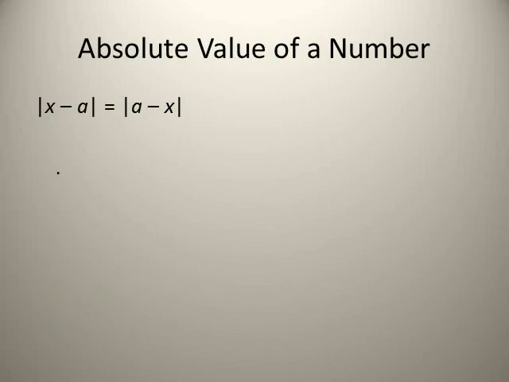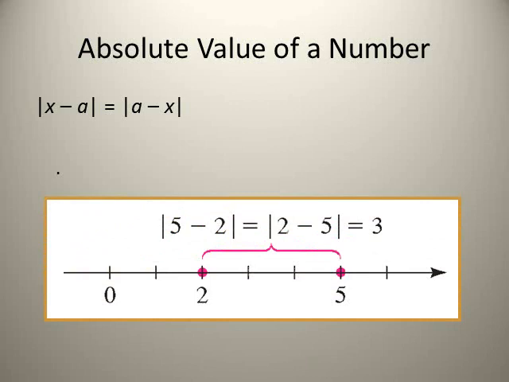One of the important properties of the absolute value is that absolute x minus 2 equals absolute 2 minus x. What does it mean? The meaning of absolute x minus 2 is the distance between x and the number 2. Here we have an example like 5 minus 2.